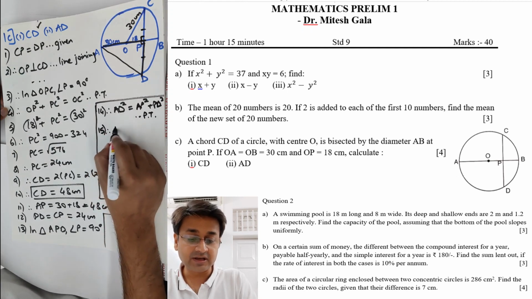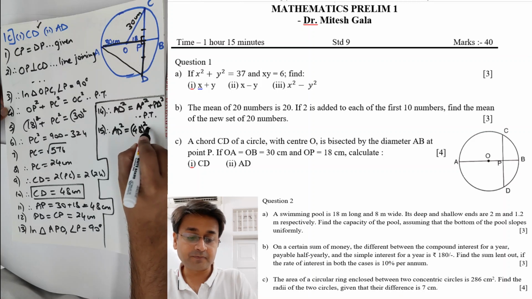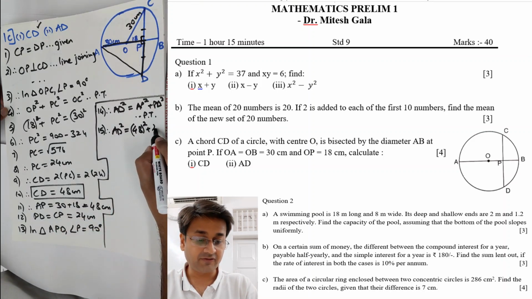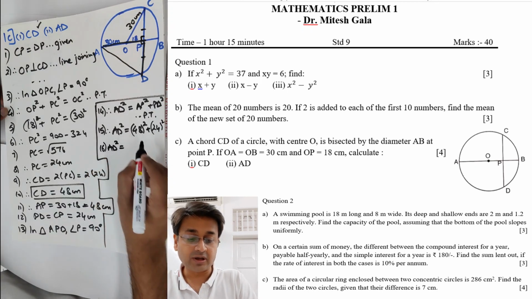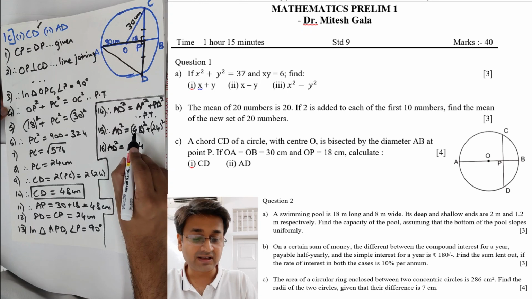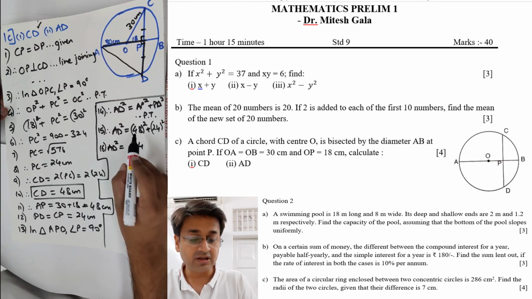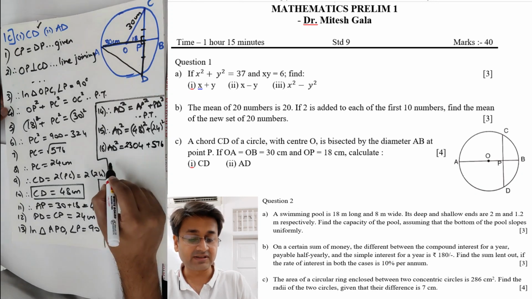So AD is unknown, AP is 48, and PD is 24. Yeah, a lot of calculations. So therefore AD square is 2304 plus 576.